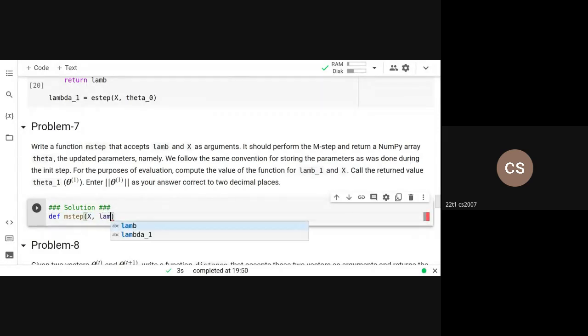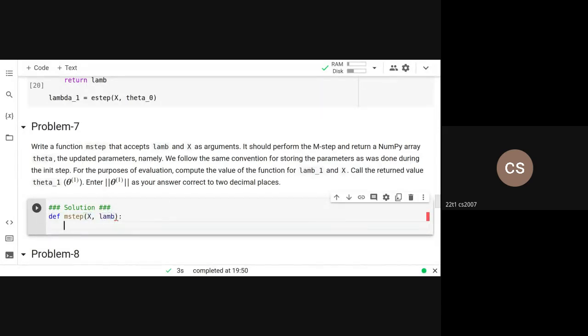So we'll do this. Okay, so how do we do the M step?